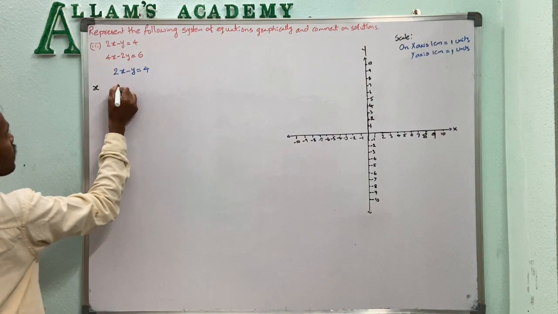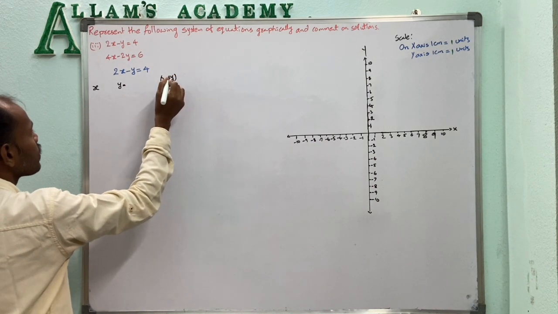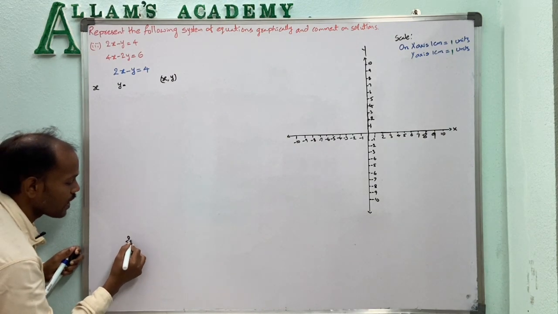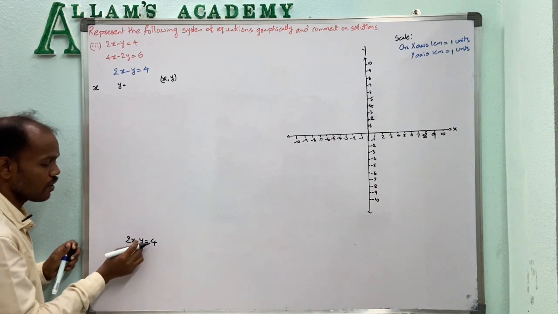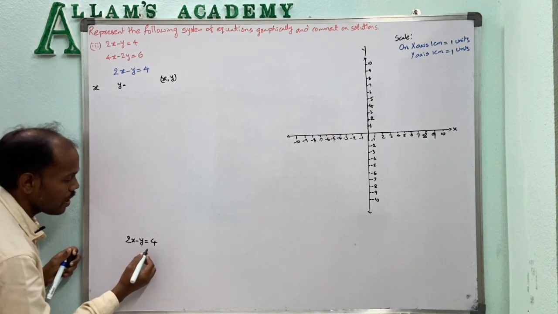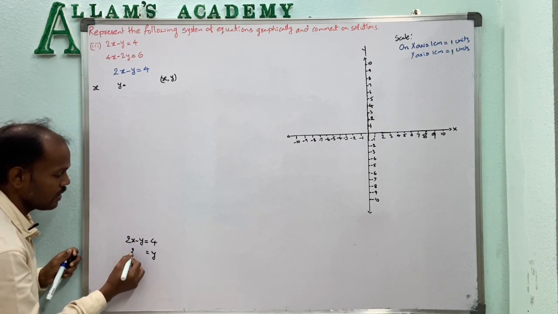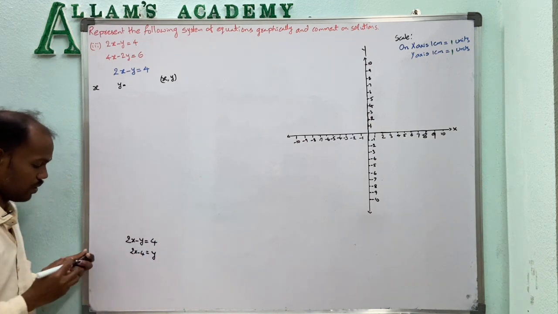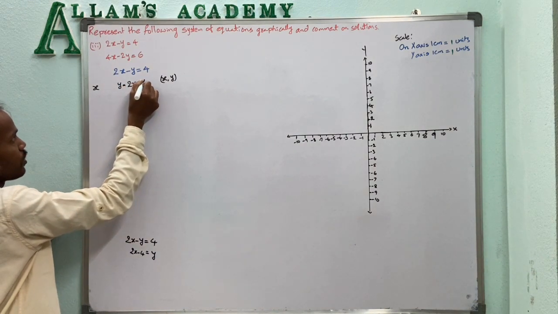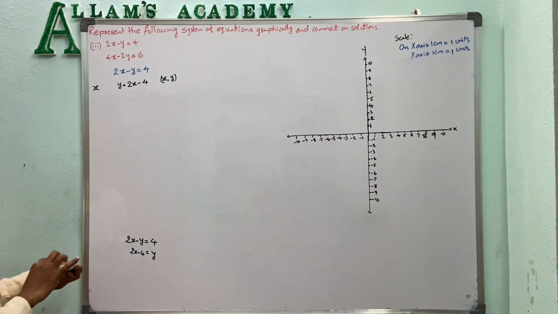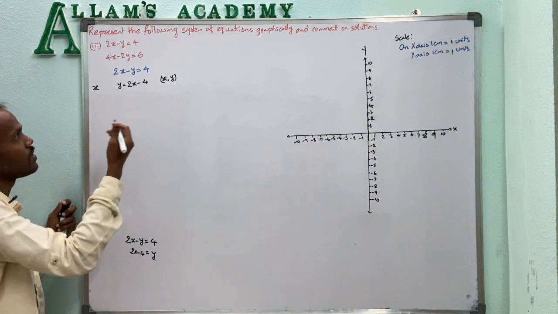Given 2x minus y equal to 4, we want to find the y value, so transferring minus y to this side it becomes plus y, and plus 4 transferred to this side becomes minus 4. So y equal to 2x minus 4.